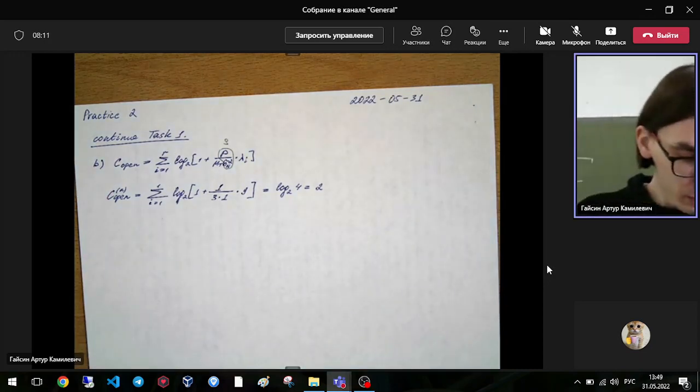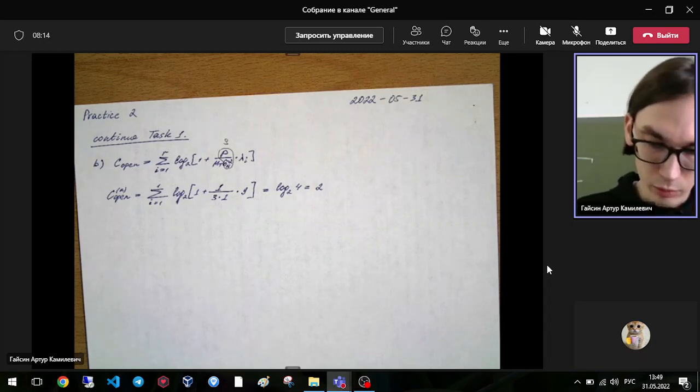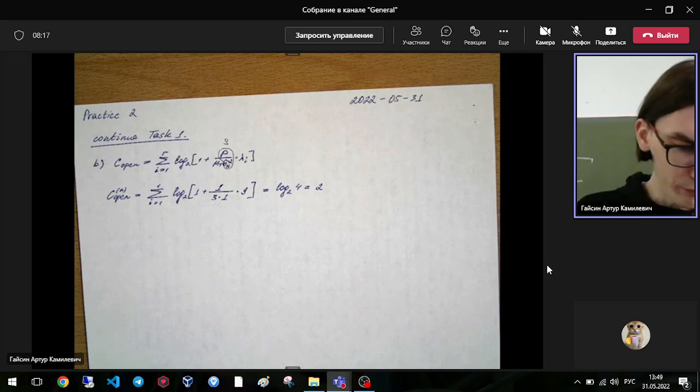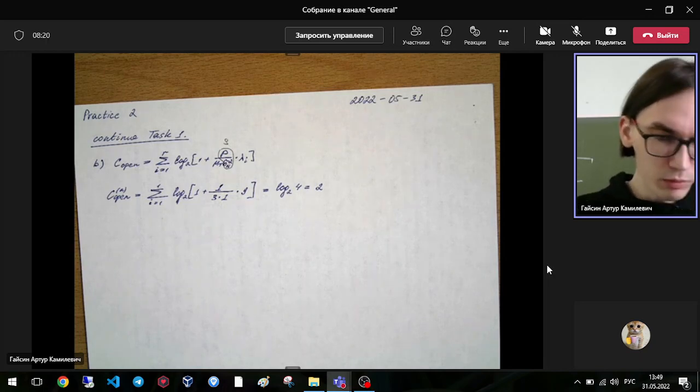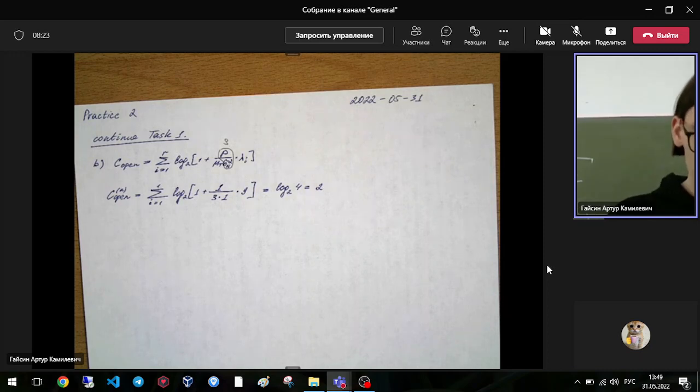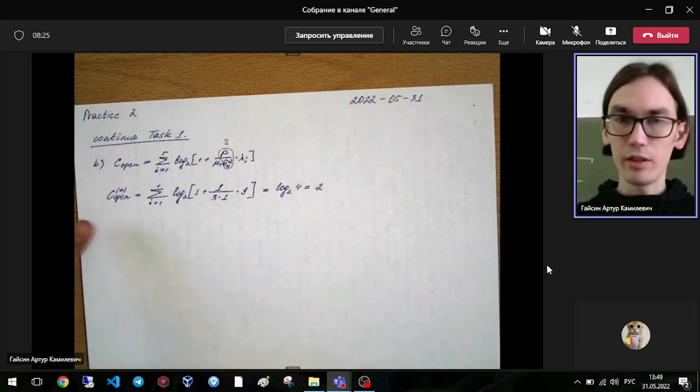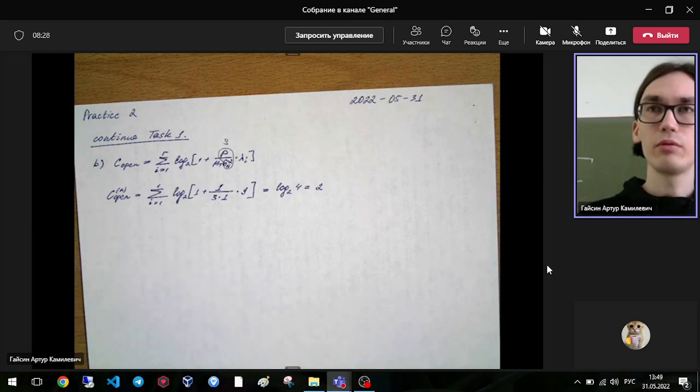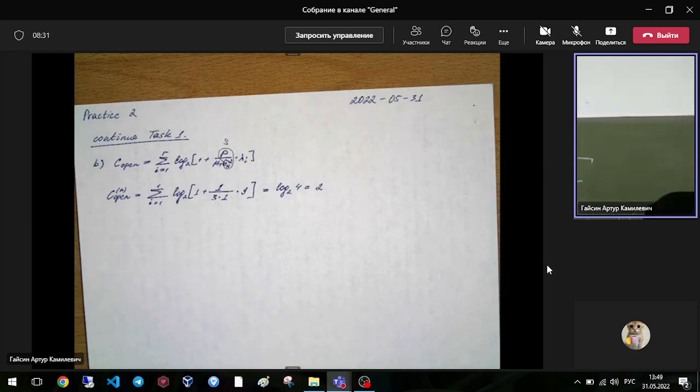Yes, but let me check why we wrote the eigenvalue here. No, it is for channel A. For channel A, we have lambda 1 equal to 9. But here somehow we used the square root of 9. Why? Let me check, for example, the eigenvalue decomposition. Then we calculate this one.